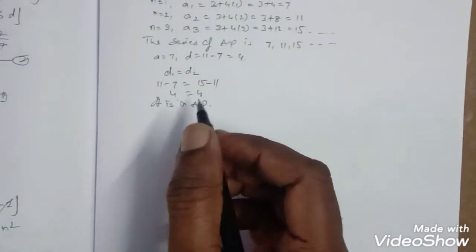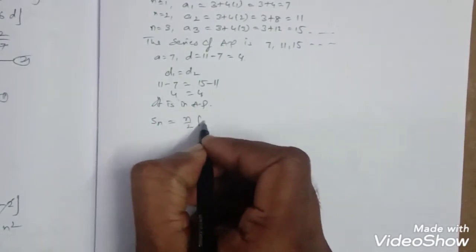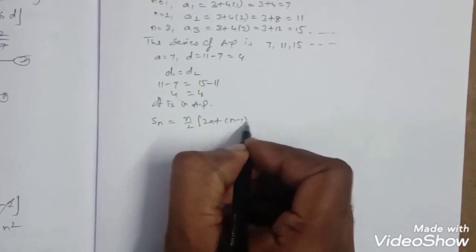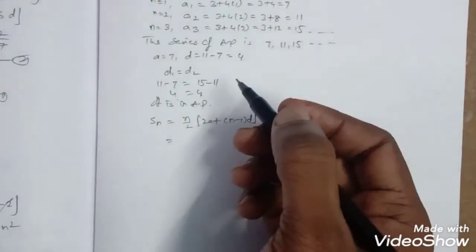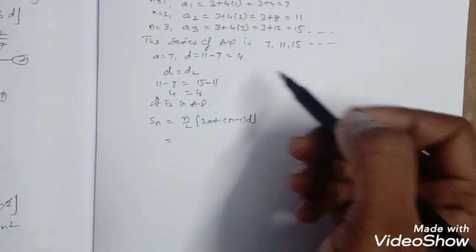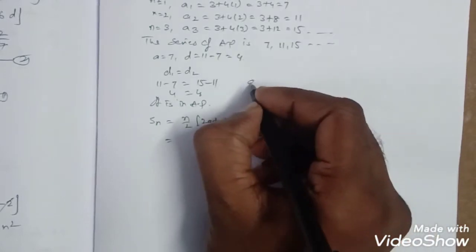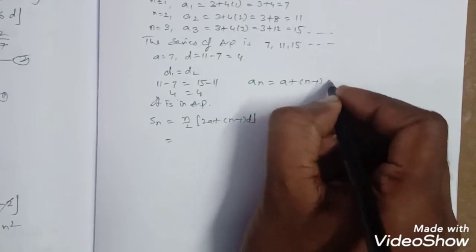How do we find the sum of 15 terms? Your formula is given as Sn is equal to n by 2 into 2a plus n minus 1 into d, right? Now substitute in this formula. Here n, the number of terms, they have not given, right? To find that number of terms, you have to use an is equal to a plus n minus 1 into d.